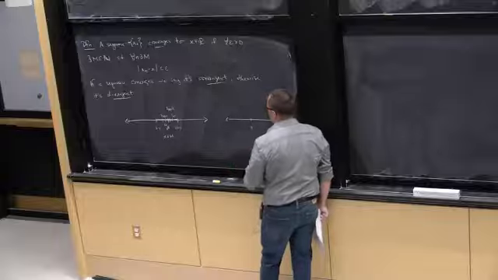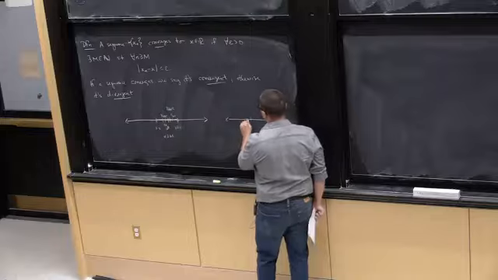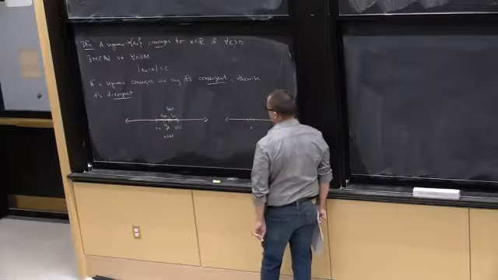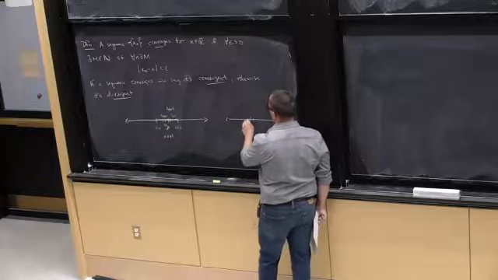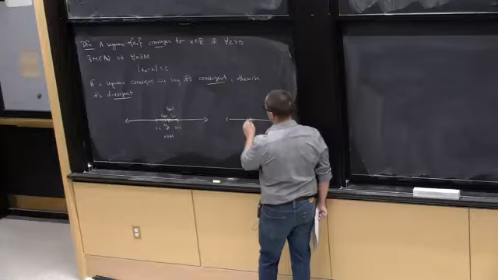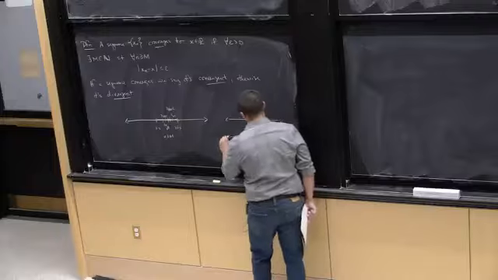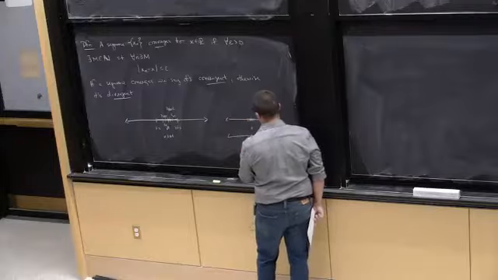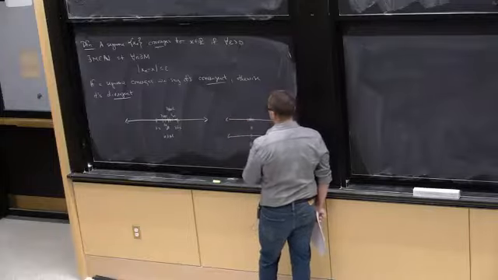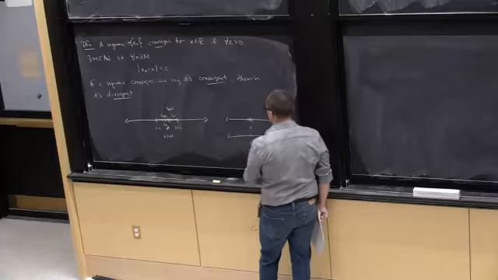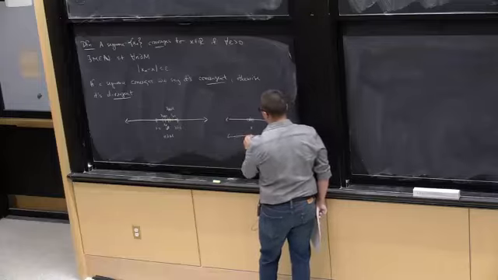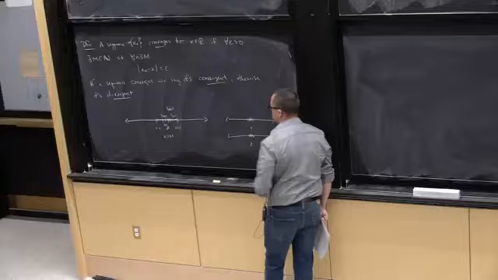Loosely, it means if I look close to x, some little interval containing x, then all of the elements of the sequence should be eventually in this little interval. Okay? Or another way to think about it is that as I go on in the sequence, the entries are getting closer and closer and closer to x. Okay?